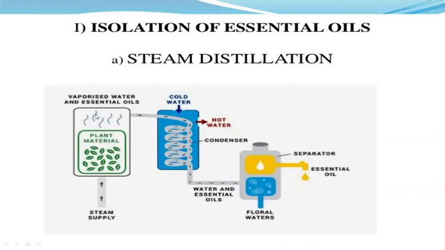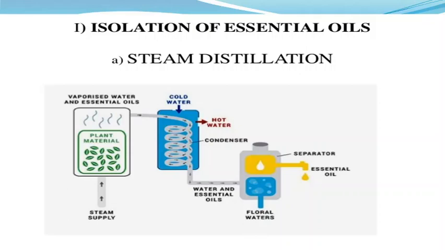Through this steam, the plant material is vaporized, and these vapors then travel to the condenser. The condenser has two separate pipes, which make it possible for hot water to exit and cold water to enter. This cold water condenses the vapors, and then the vapors and the essential oils pass into the separator.